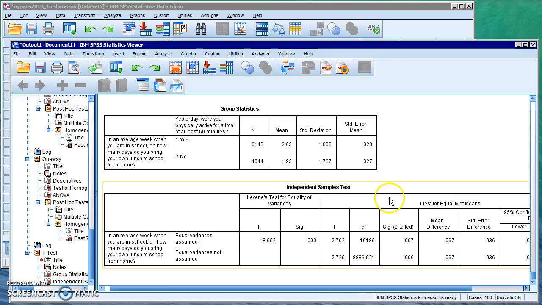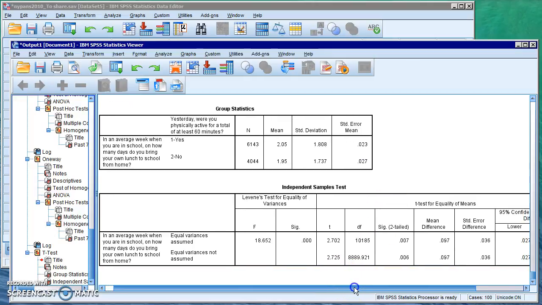And now we can look down here in our independent samples test. So what we first do is look at the Levene's test, and if it is 0.000, it is less than 0.05.